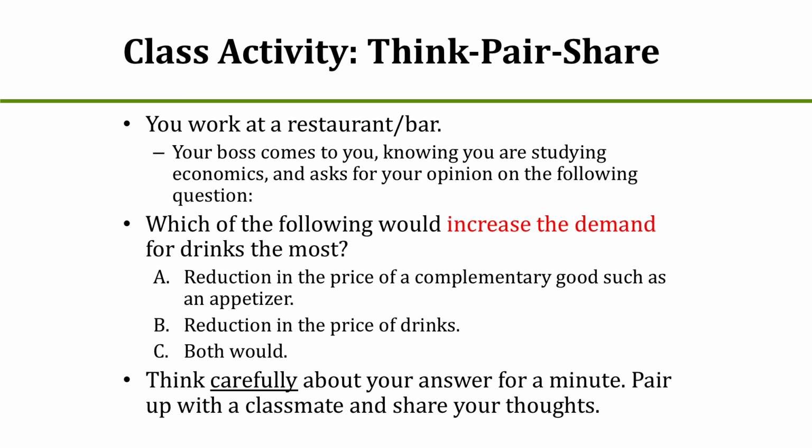And this price change in the appetizer market will affect the drinks market in a different way. In the drinks market, it is going to cause a shift in the demand. Since the appetizers are cheaper, they eat more appetizers, they tend to drink more drinks. That's why the demand for drinks is going to increase and shift to the right. So the correct answer should be A.